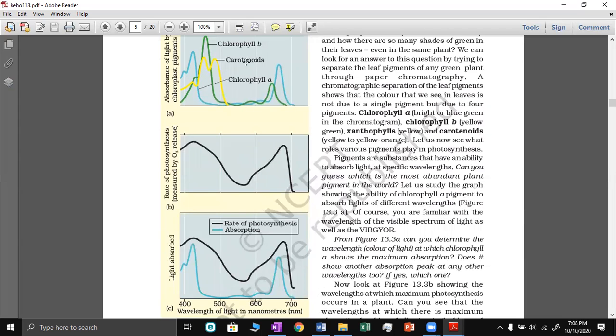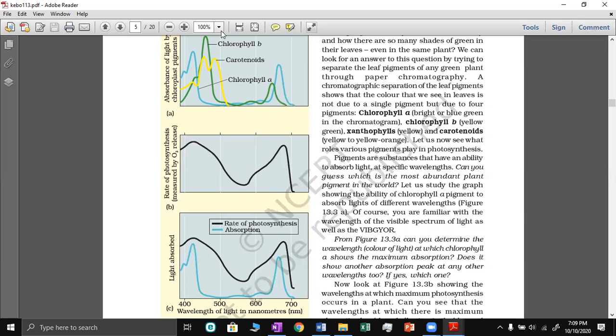This blue line is for chlorophyll A, this green line is for chlorophyll B, and this yellow line shows absorption by the carotenoids.